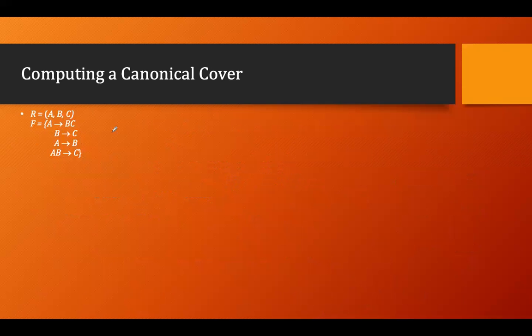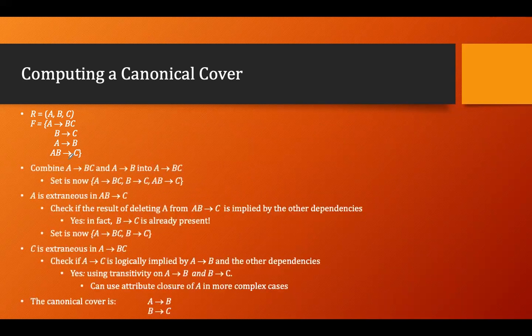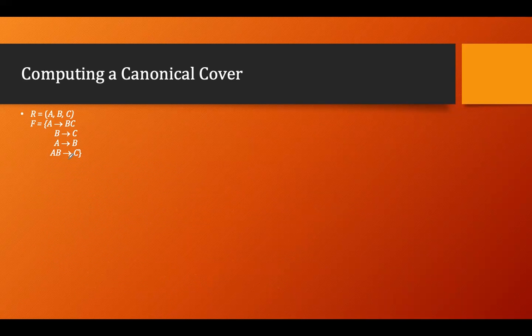This is the example. Here we have only three attributes, and we have A determine BC, B determine C, A determine B, AB determine C. Now, what are the steps that we have to follow? Actually, there are three steps.